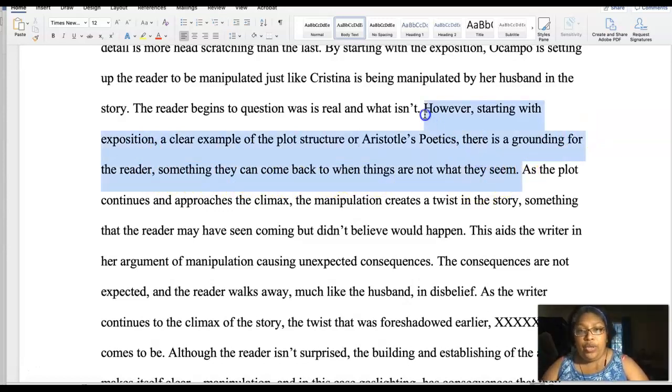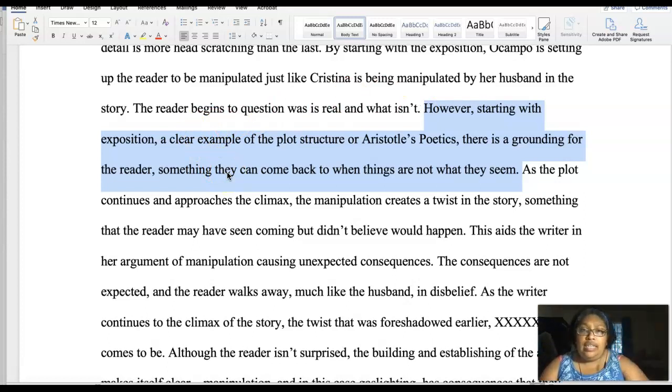Now here is what elevates this example from a nice solid B to an A, because not only did they mention that they're using exposition, and pretty much all three examples of plot structure use exposition, she specifically said, I'm using the plot structure, which is also known as Aristotle's Poetics.